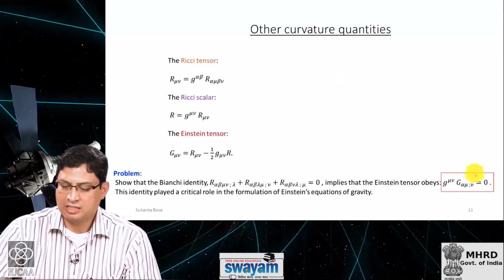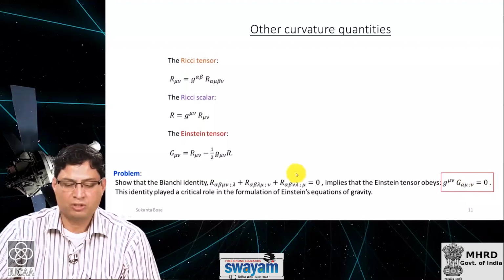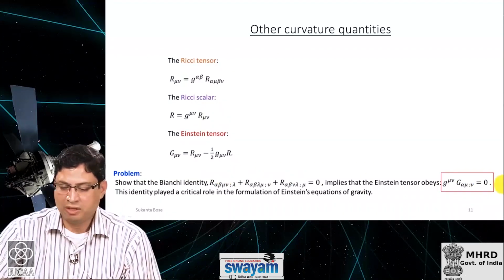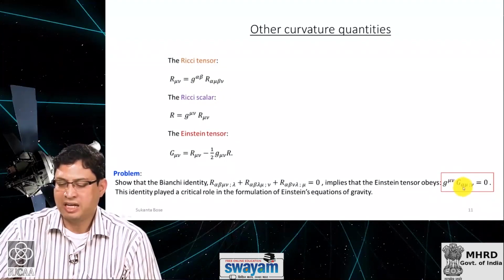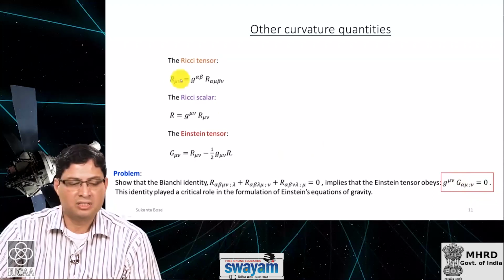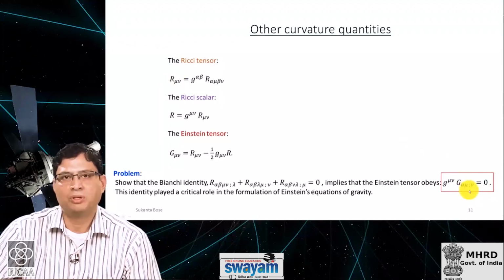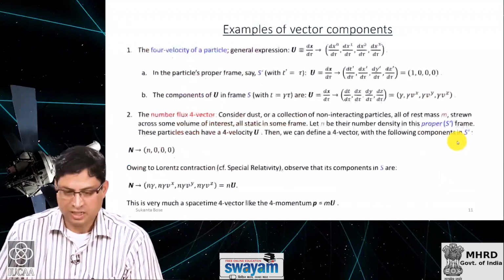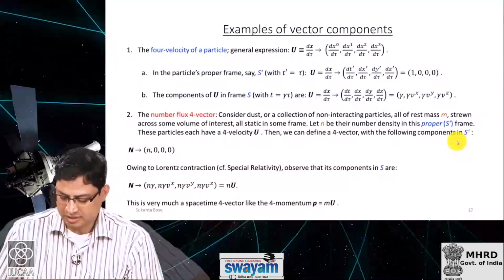And this Bianchi identity prepares us for that. In fact, you can show that you cannot have this kind of property shown in the red box hold if you were to replace G alpha mu with the Ricci tensor components R alpha mu. Okay. So that is what I will discuss in a moment.